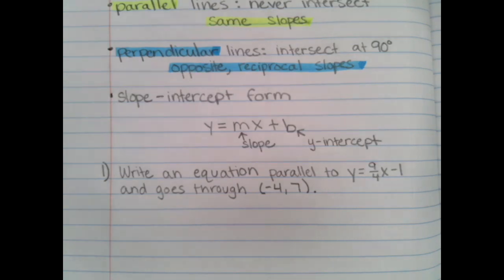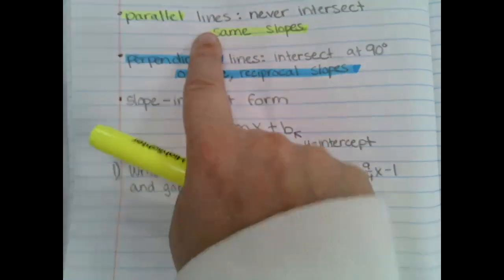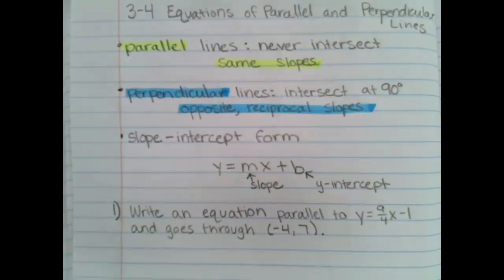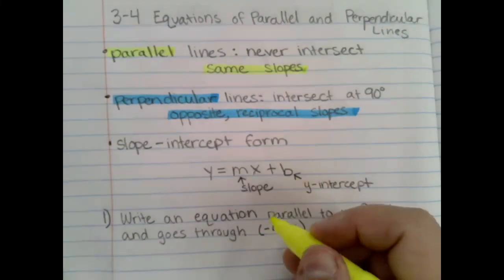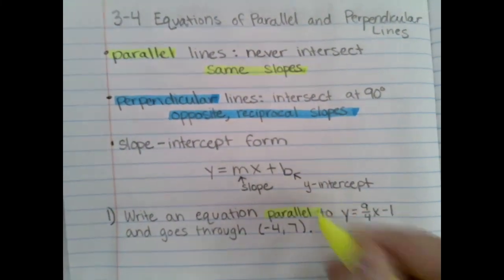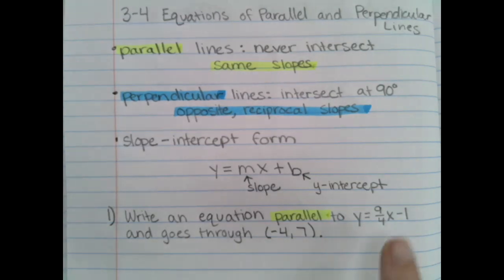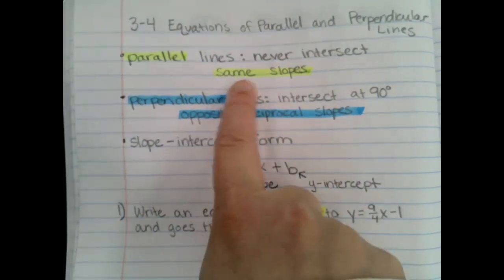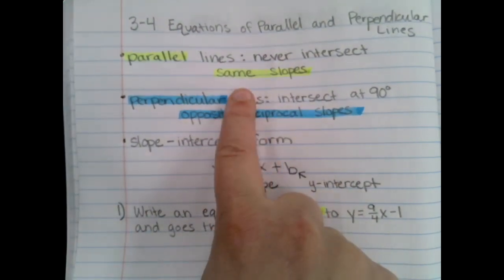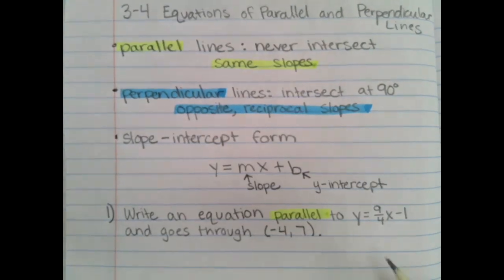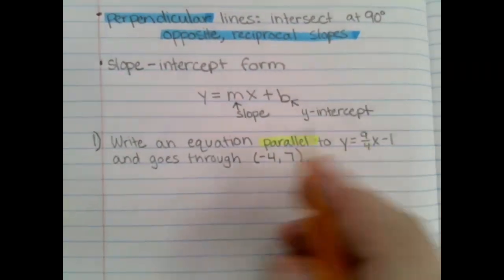All right, so as we take a look at that, what are we trying to do? What kind of line are we making? Parallel. So I'm going to go back to my color that I used for parallel. I used yellow. So I'm going to highlight that word parallel. And the part that I need is, I need to have the same slope. So for same slope, I need to know what part is my slope from this equation, my m.